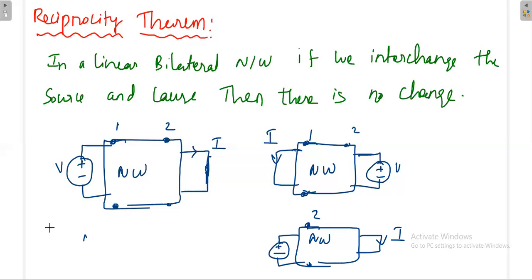So in a bilateral network, if it is reciprocal, then the input and output ports can be interchanged.